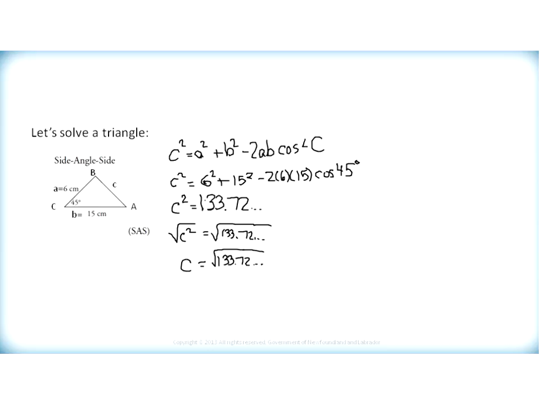All I have to do is hit the square root button, which is just below the M minus on the far right on this calculator. Find your square root button, and it gives me an answer of 11.56 or 11.6. So that means that my value for C is about 11.6 centimeters in length.